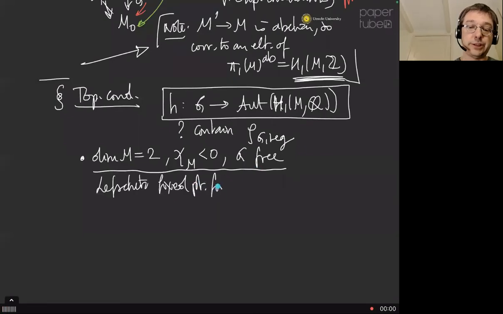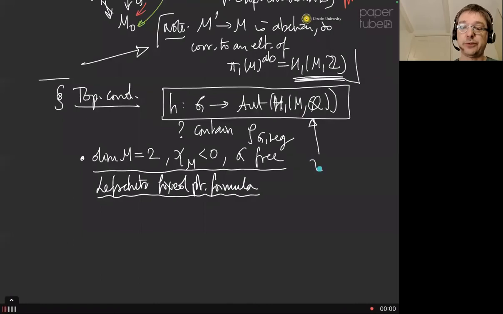The first time I saw this used in this way, I thought it was really cute. There's a souped up version of this. So let's say this is the representation, and let's write psi for the character of this representation. The character is just the trace of the elements on this vector space.